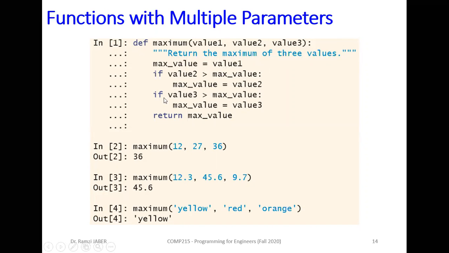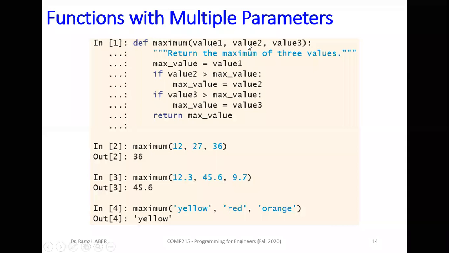Now, the body of the maximum function will be: we assume that value1 is the maximum value. So we put max_value equal value1. We assume the first number is the maximum.